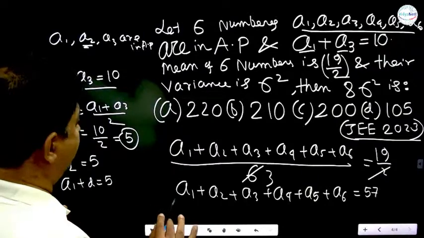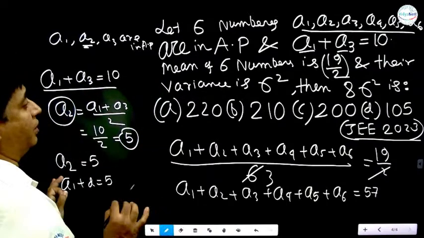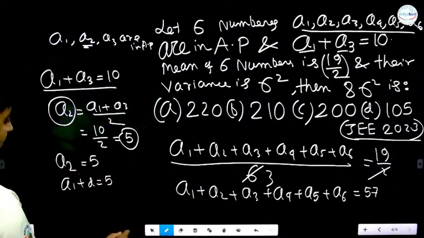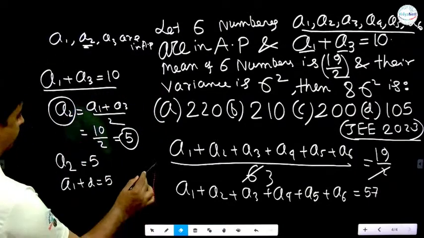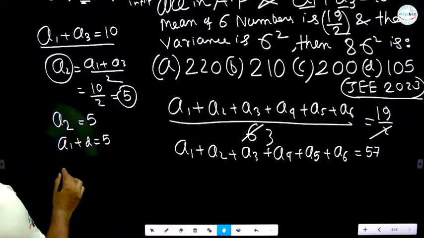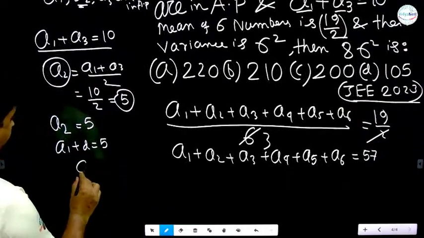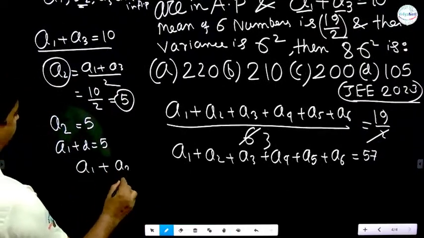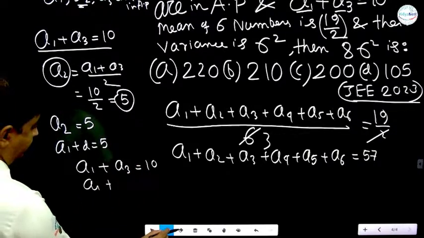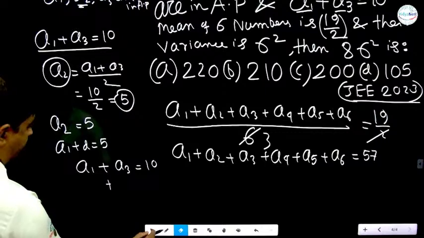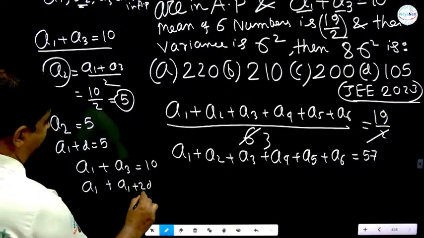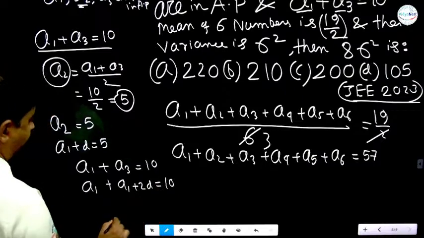So these values we can accommodate. Now A3 is what? A1 plus A3 is 10. A3 means A1 plus 2D by the rule of AP.